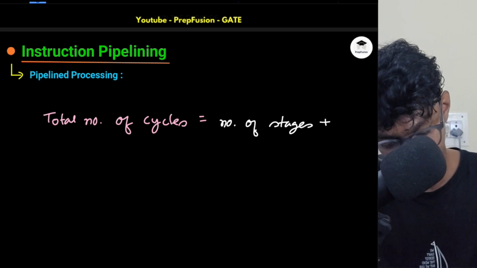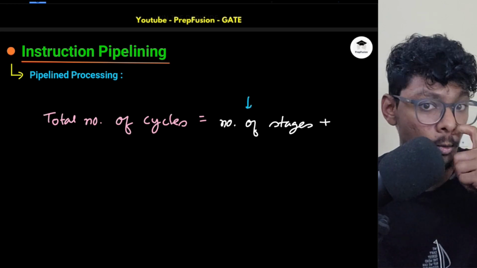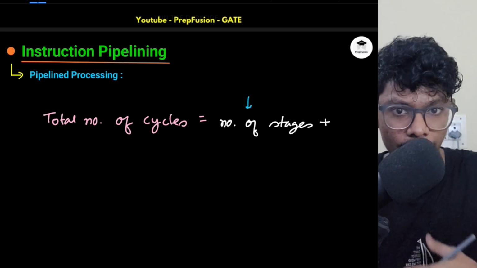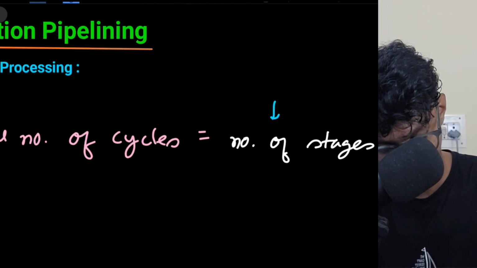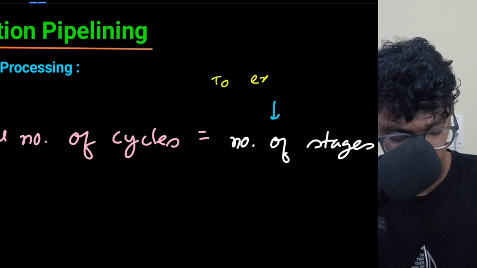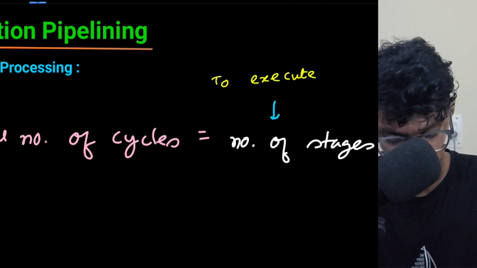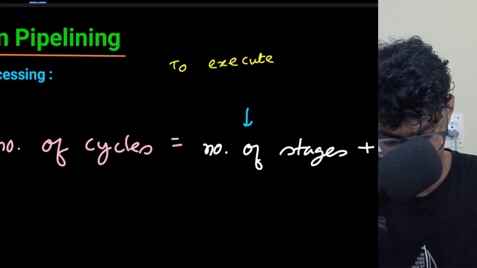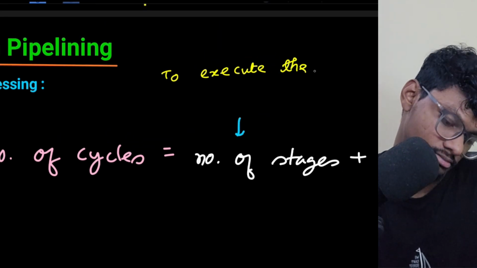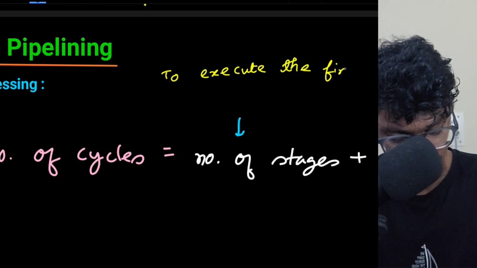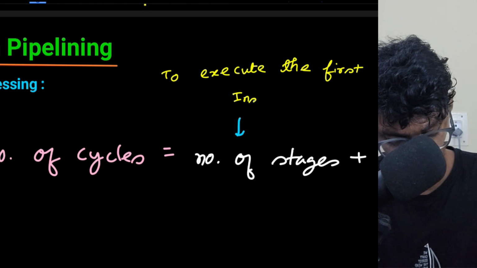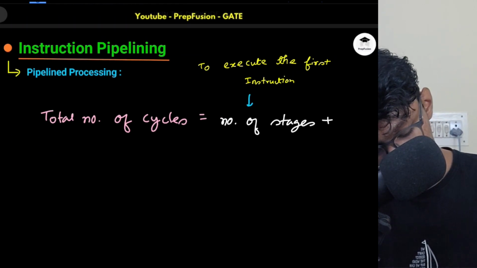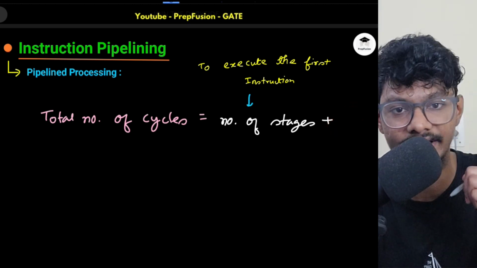This time is taken to execute the first instruction. After this, I will just take one cycle for each instruction.